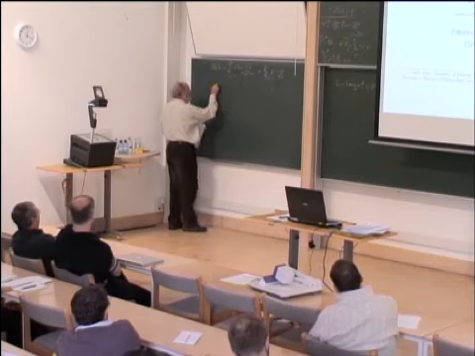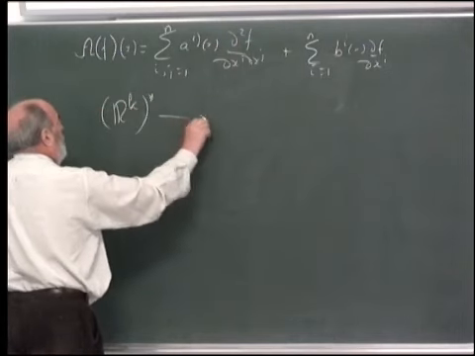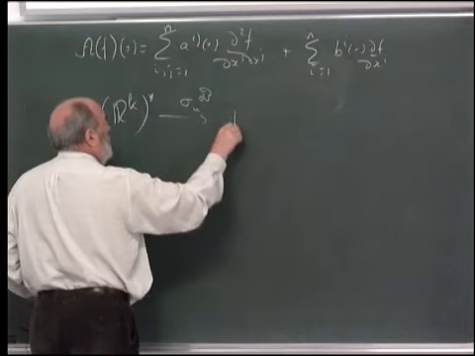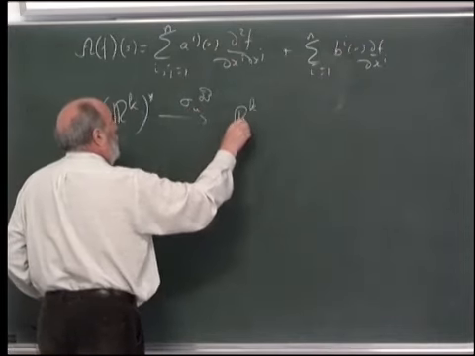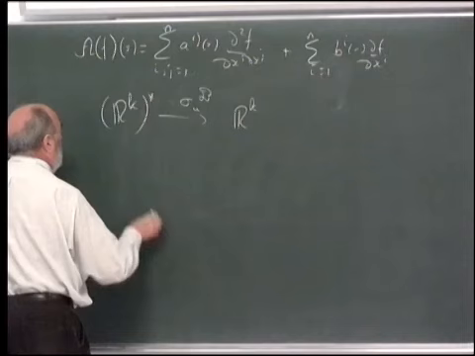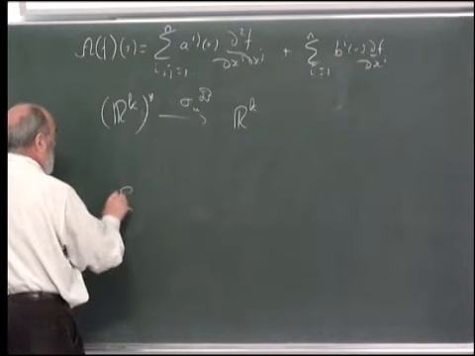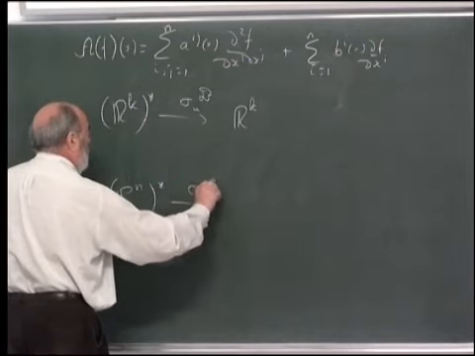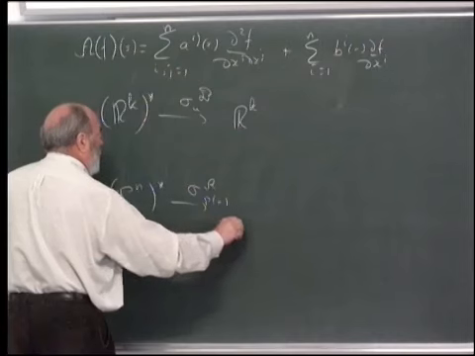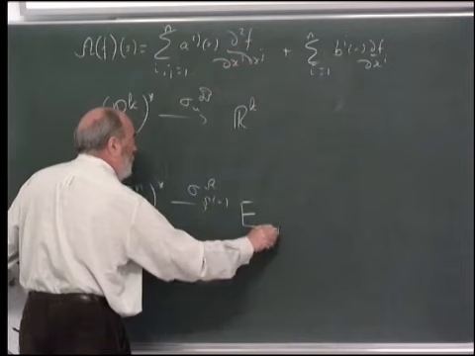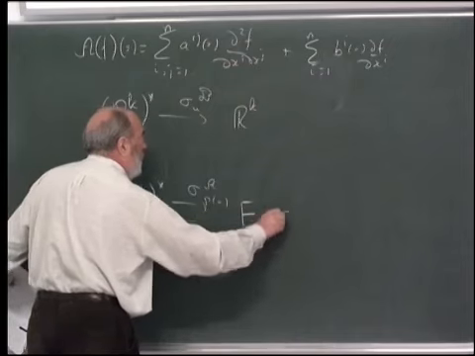If we put the two operators together, we have the symbol of B for a point u upstairs going to R^k. We have the symbol of A, R^n star, at P of u. Now that goes into E of P of u, contained in R^n.